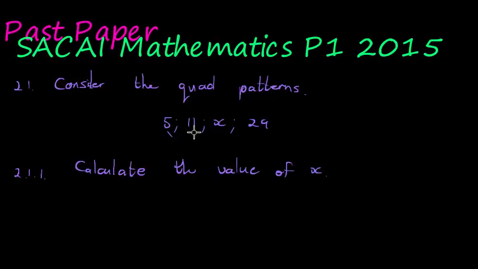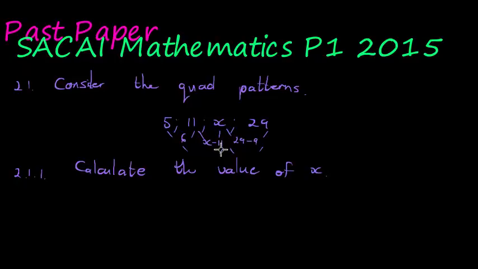Excellent. Very, very good. 11 minus 5 gives me 6. x minus 11, this one we'll keep like that. And then the next one, 29 minus x. Okay, that's the first difference. We need the second difference. So we have this x minus 11.